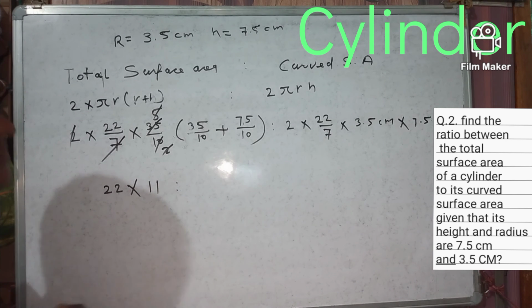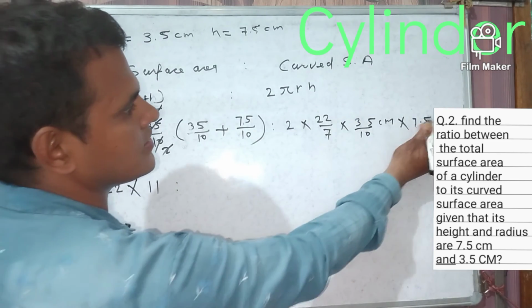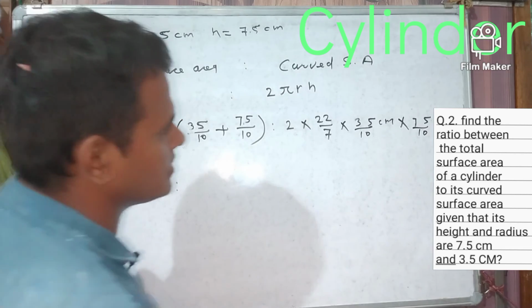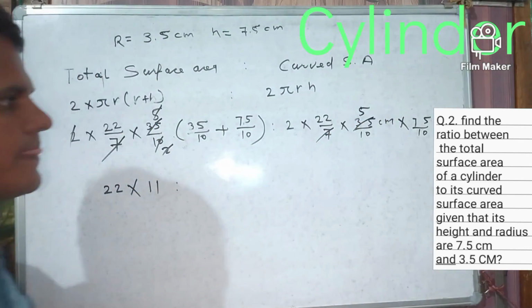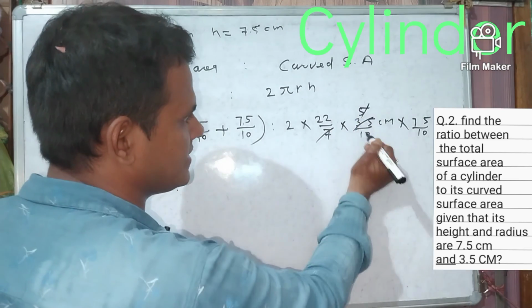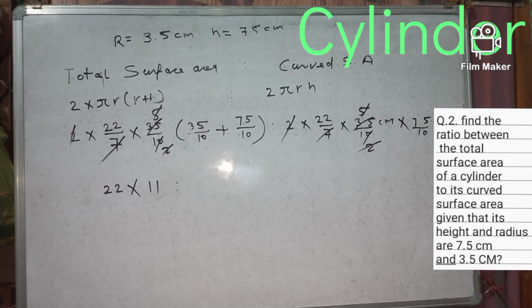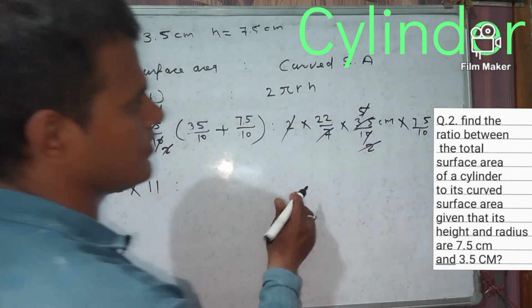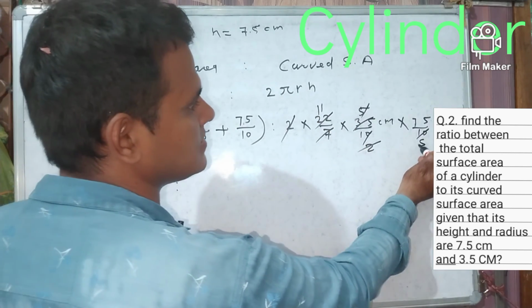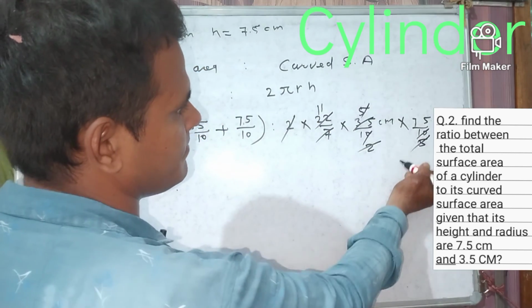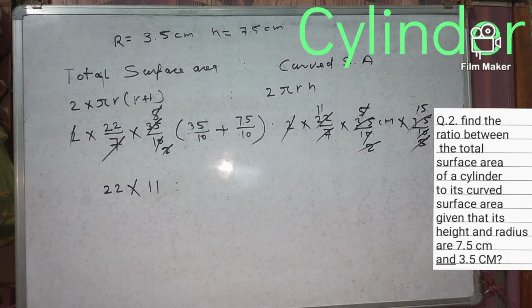And ratio by 10 and by 10, so 7.5 is 35 and 5 twos are again 10, so 2 cancels. Now 2 elevens are 22 and 2 fives are 10, and 5 threes are 15.